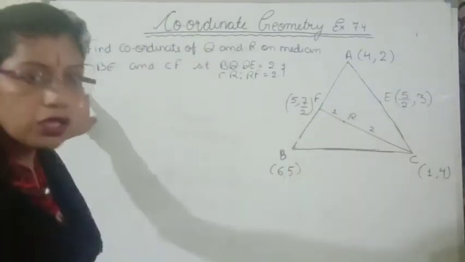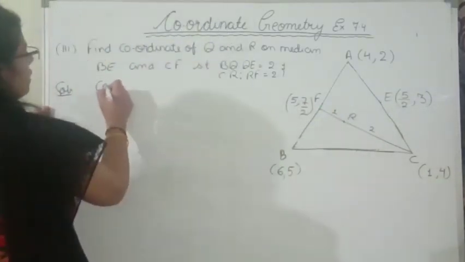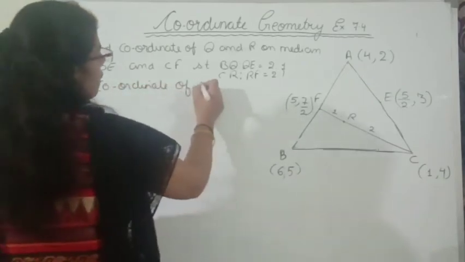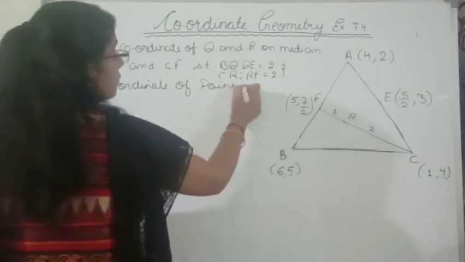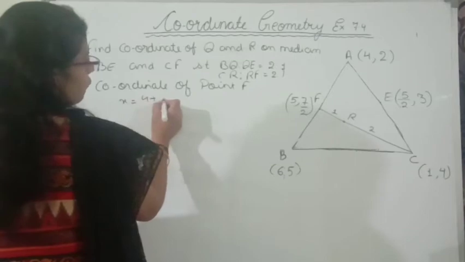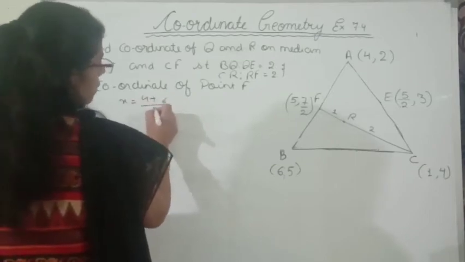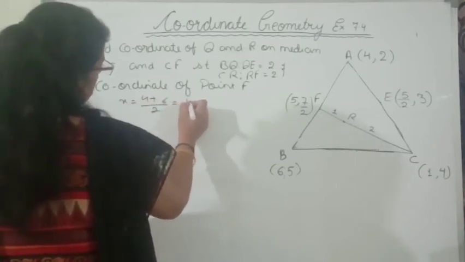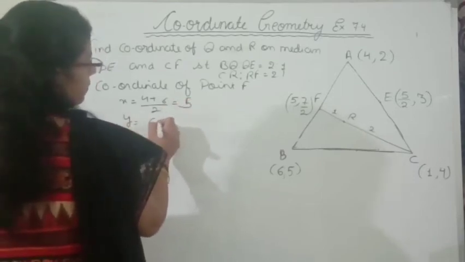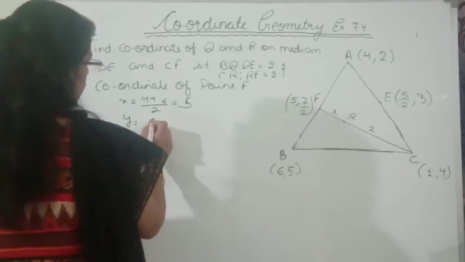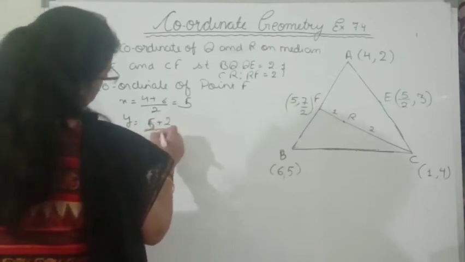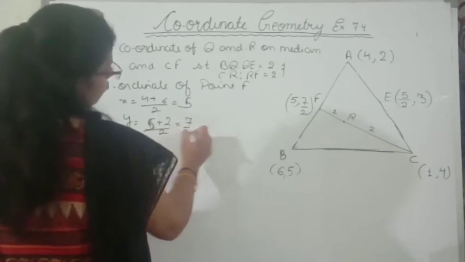First you will write the coordinate of point F: x coordinate is 4 plus 6 divided by 2, that means 10 upon 2, so 5, and y coordinate is 5 plus 2 divided by 2, 7 upon 2.